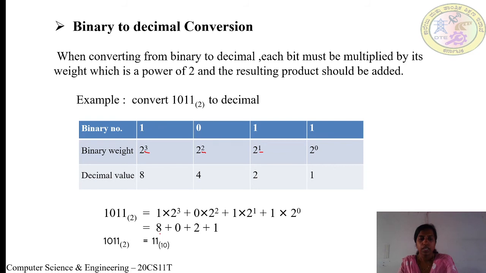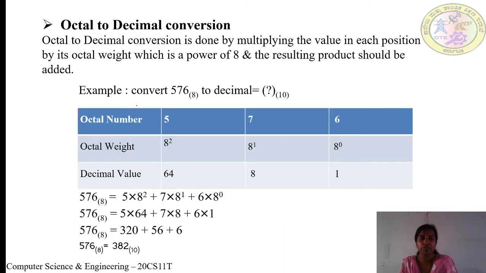So hence here we get the value: 1 into 2 to the power of 3 is 8 into 1 is 8, plus 0 into 2 to the power of 2 is 4, 4 into 0 is 0, 1 into 2 to the power of 1 is 2, 2 into 1 is 2, plus 1 into 2 to the power of 0 is 1, 1 into 1 is 1. Hence we have got the equivalent decimal value 11 base value 10. Next we move on to the conversion between octal to decimal.